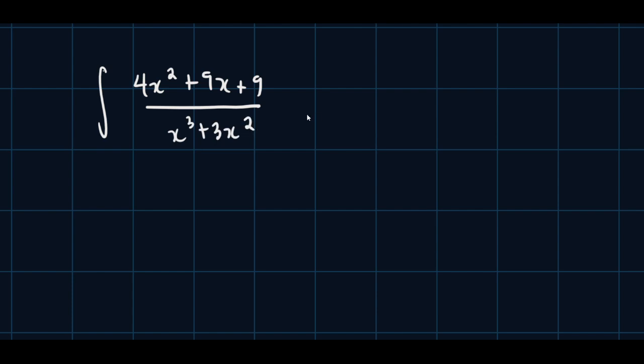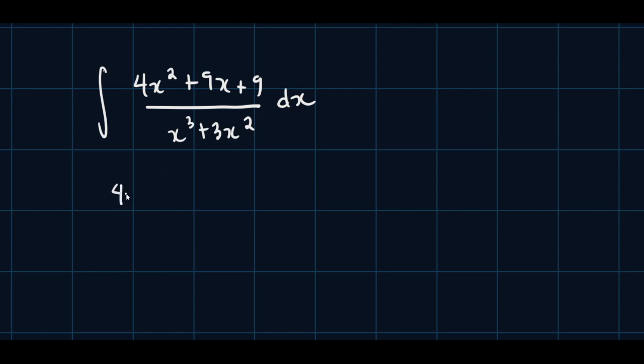So, for example, we want to get the antiderivative of 4x squared plus 9x plus 9 all over x cubed plus 3x squared. So this is our problem.